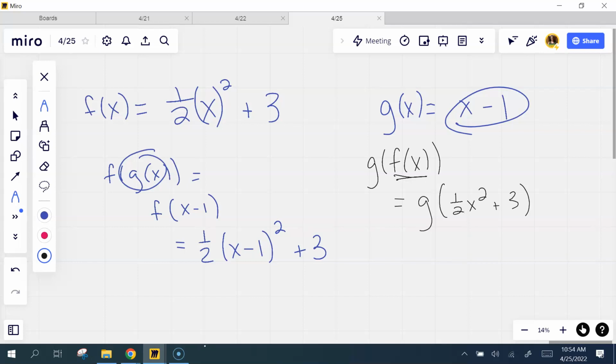That's exactly right, because g is x minus 1, so it's not x anymore. It's 1/2 x squared plus 3, minus 1. It's a little bit different. Whatever's on the outside, that's the equation you're plugging into.